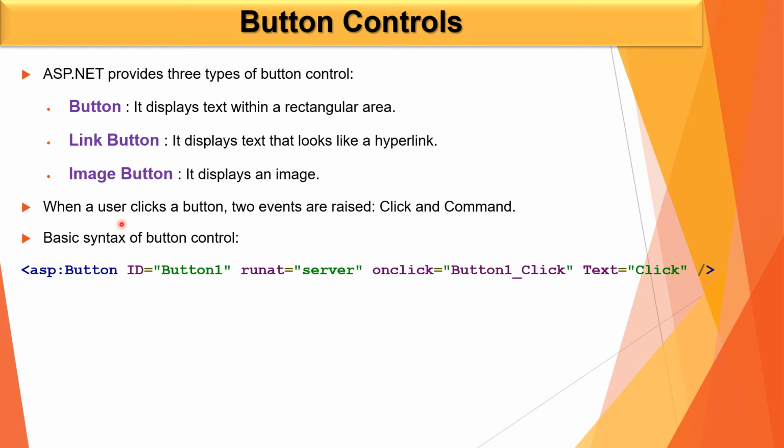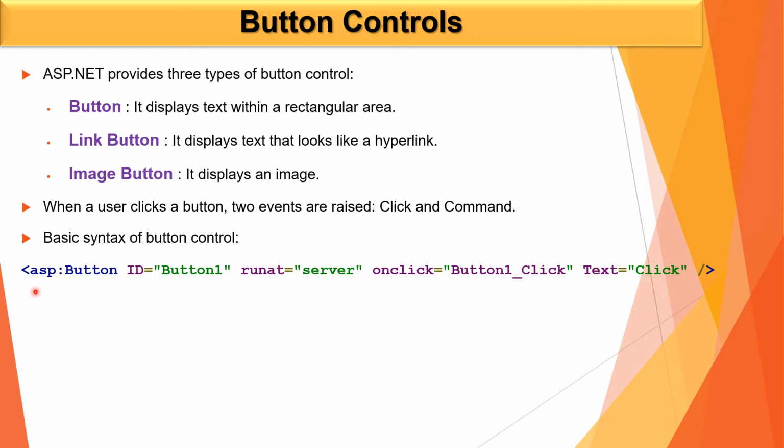Now, when a user clicks on a button, two events are raised. Which are those events? Click and command. The important event of the button control is the click event. So what is the basic syntax of the button control?